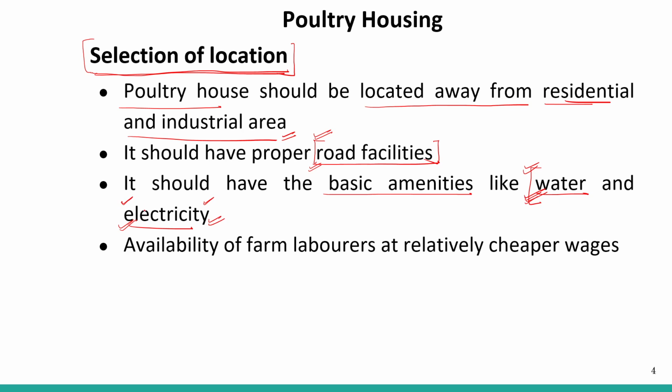Availability of farm laborers at relatively cheaper wages. So farm labor should be easily available wherever the poultry house is made. Before building the poultry house, these things should be kept in mind.